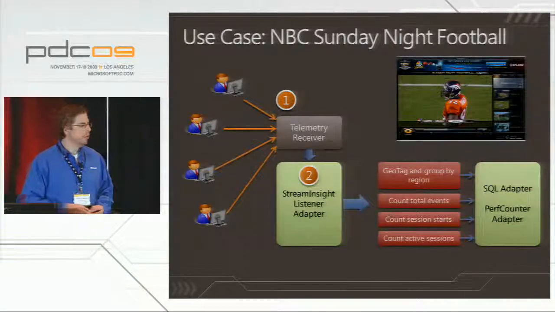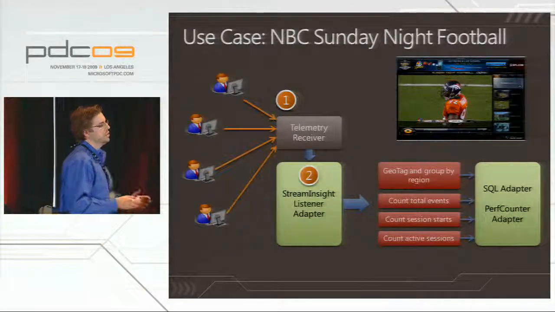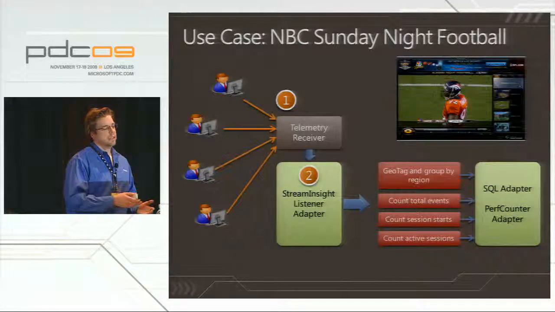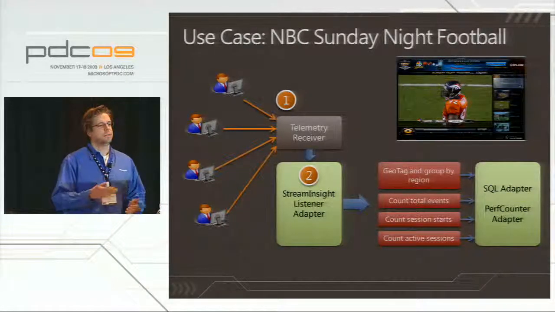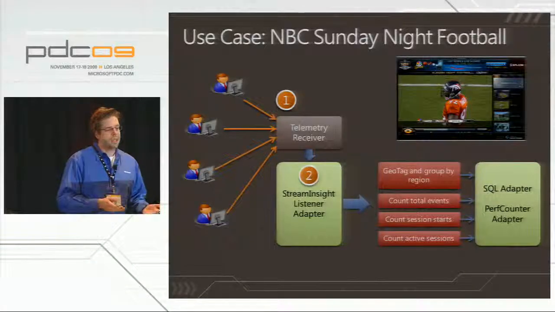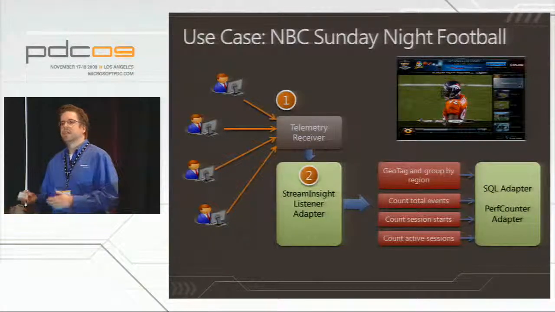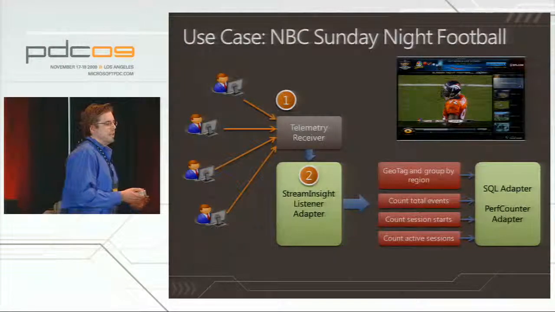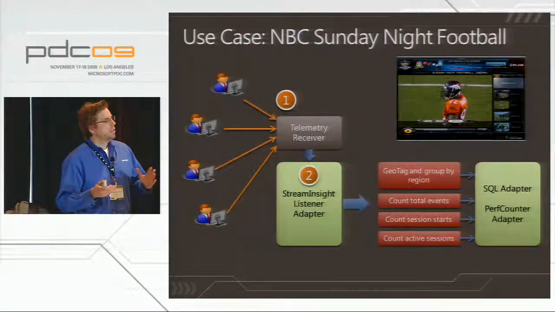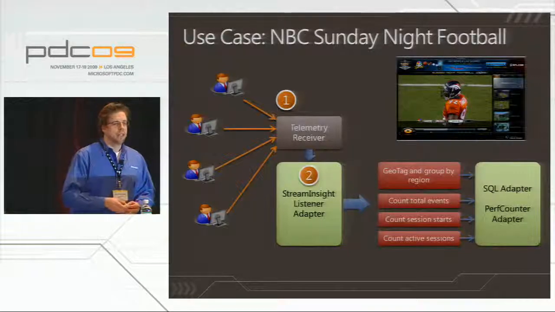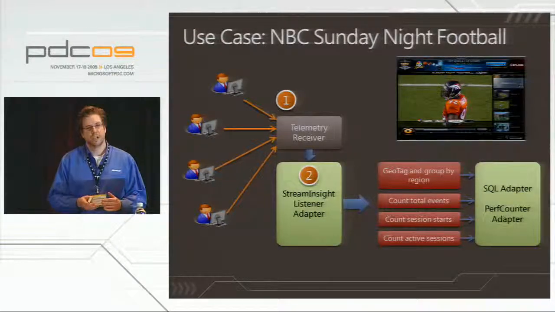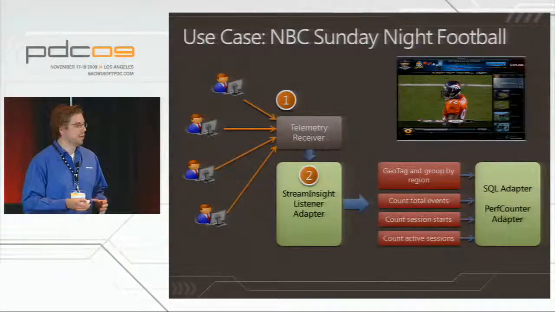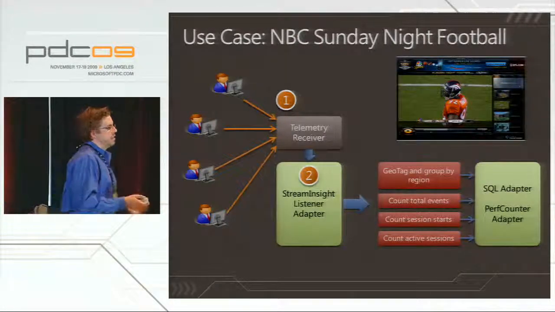What we are looking at are, for instance, queries that correlate the user data, consisting of an IP address, with geographical data, enriching the data type by geographical data. Could be aggregations over time, counting the total number of events that came from the Silverlight clients, counting the session starts, when people actually went online and started watching the program, counting the current active sessions.